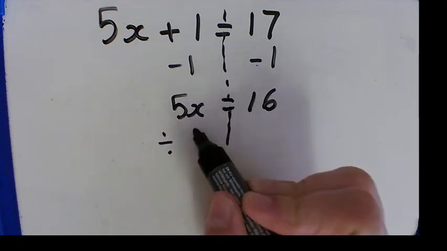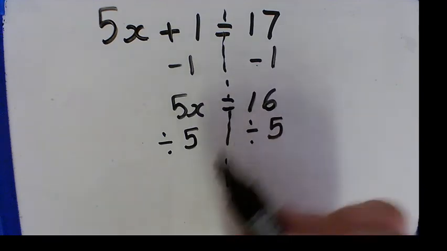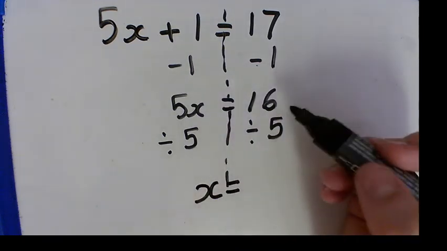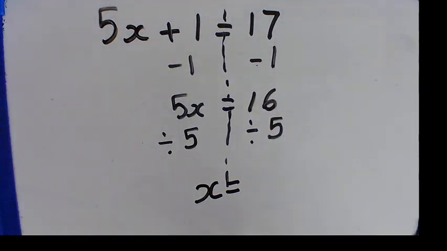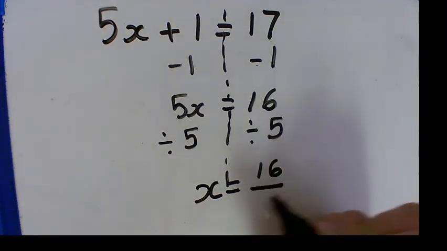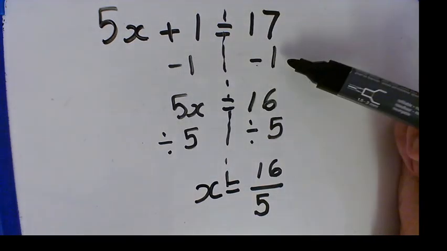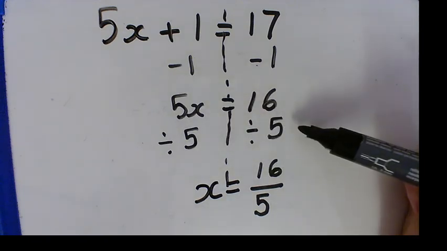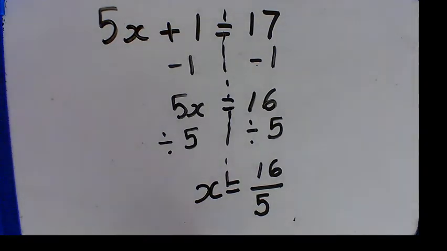So to undo a times, we divide. 5x divided by 5 is 1x. Now hopefully you know that you cannot divide 16 by 5 nicely. There's going to be a remainder. So what we do is we leave this as an improper fraction. We leave the answer as 16 over 5. So I minus the 1 first, then I divide by 5, and because it doesn't go, I leave it as 16 over 5. And that is two-step equations.